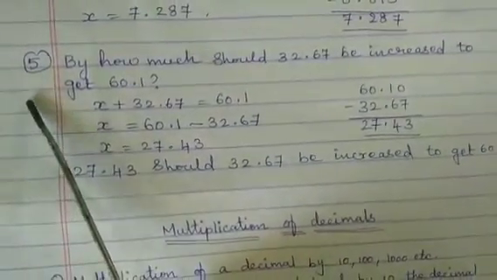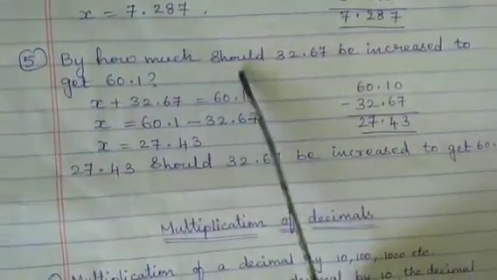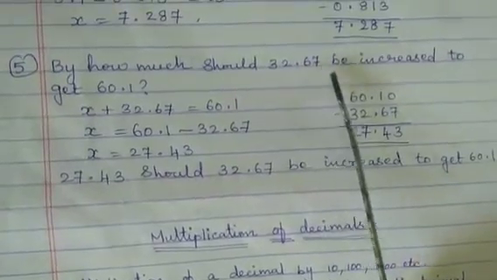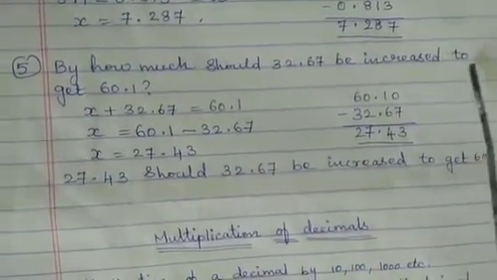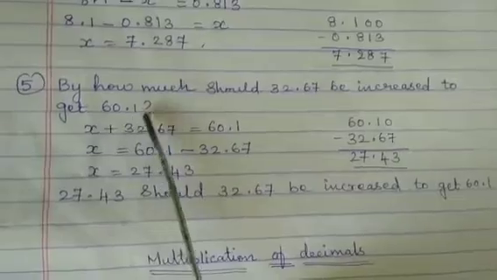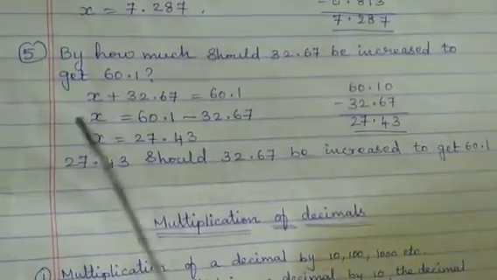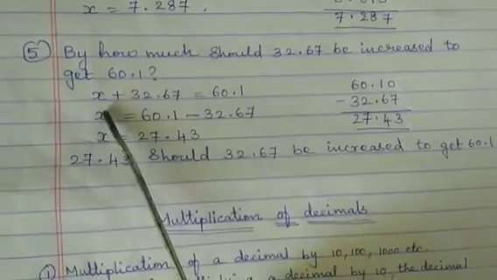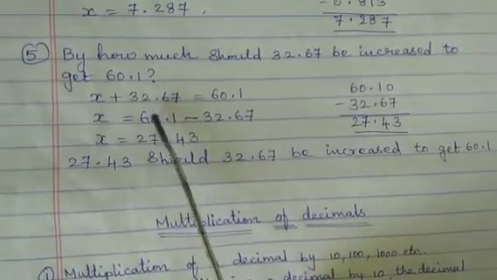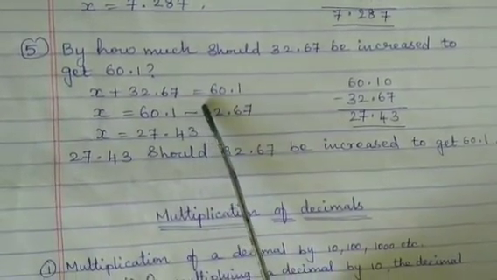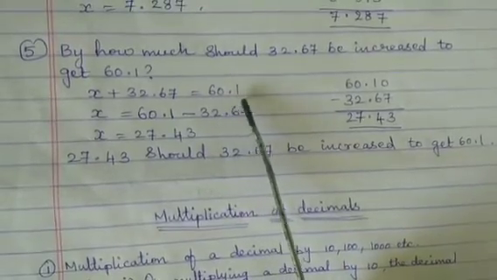Question number 5: By how much should 32.67 be increased to get 60.1? Increased means you have to add. So what should be added? x plus 32.67 is equal to, get, that is 60.1.